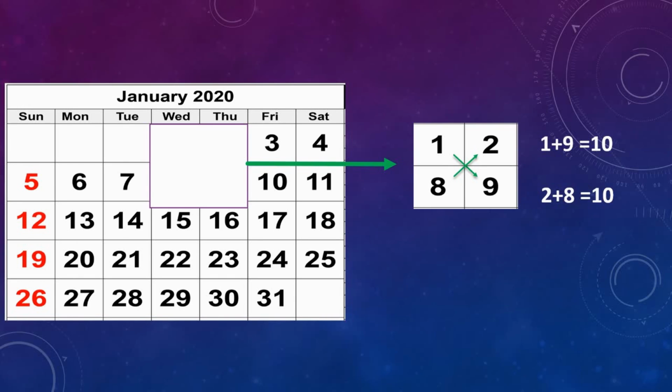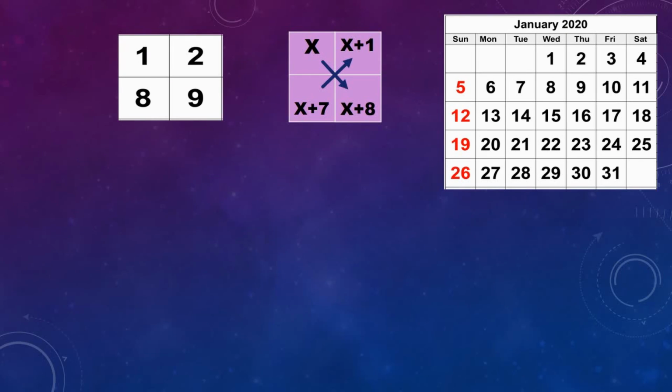Now, using algebra, we'll prove this case as true. Take the first date to be x and the subsequent ones as shown here. The adjacent numbers are x plus 1, x plus 7 and x plus 8. Add it from corner to corner as we have done it for the previous case. So if we do it like that, we'll get x plus x plus 8 equal to 2x plus 8.